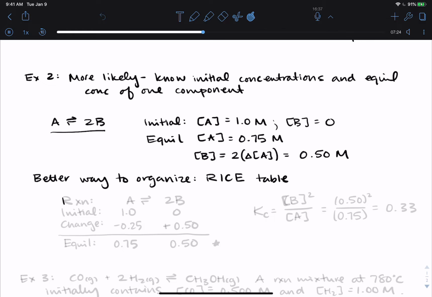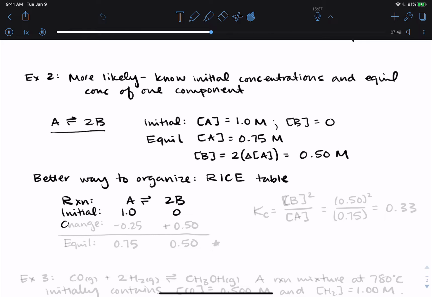The R stands for reaction. We're going to put the reaction at the top of it so that it's easy to see where everything is. Then there's a row for the initial conditions, and I have those. My initial conditions are that A was 1 molar, B was 0.